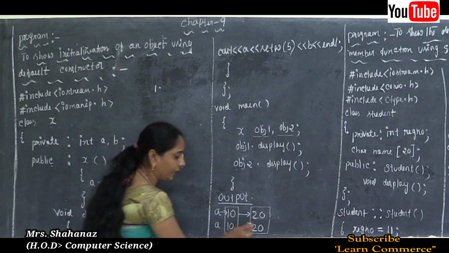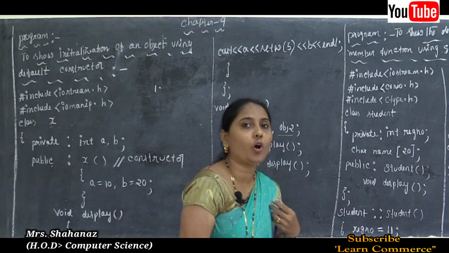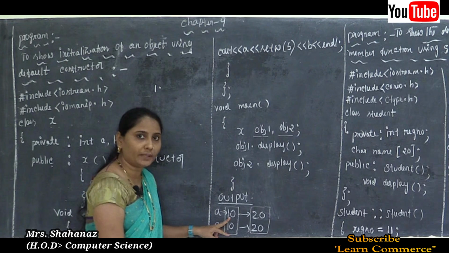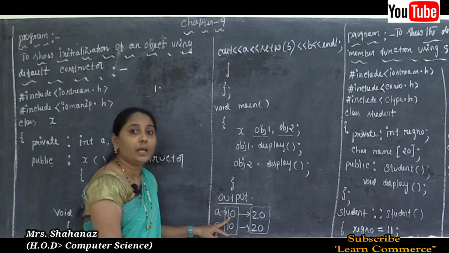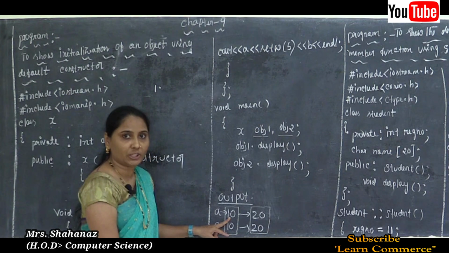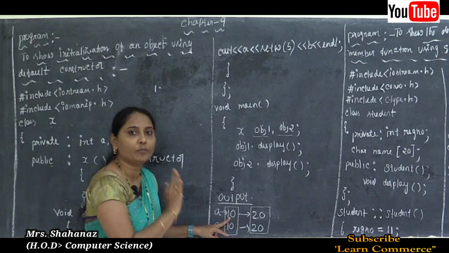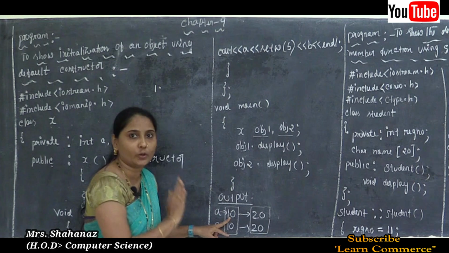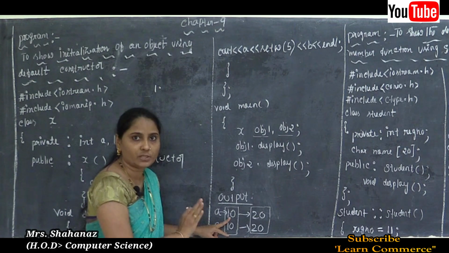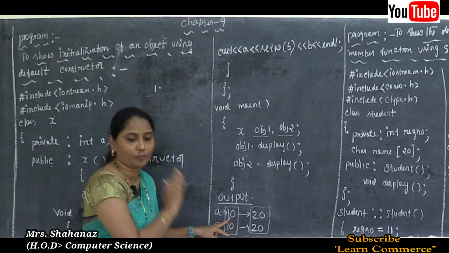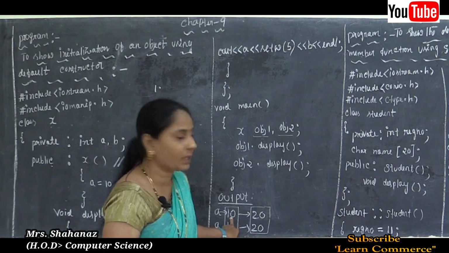The values are 10 and 20. So we can say that all objects of the class are initialized with the same set of values by the default constructor. If different objects are to be initialized with different values, it cannot be done by using the default constructor. That means we can't use different kinds of values with our default constructor. This is the most important feature of our default constructor.